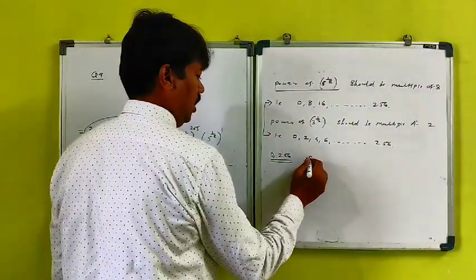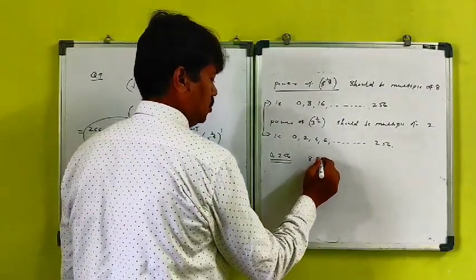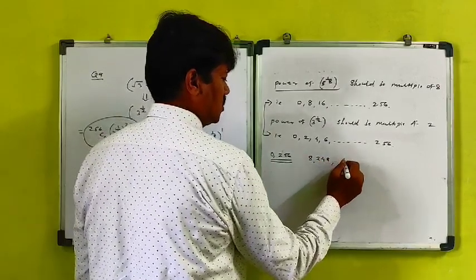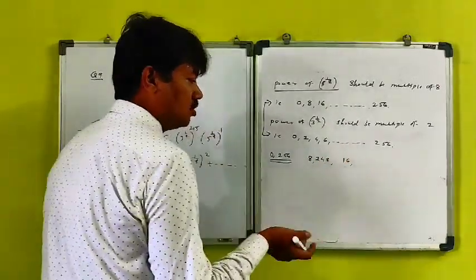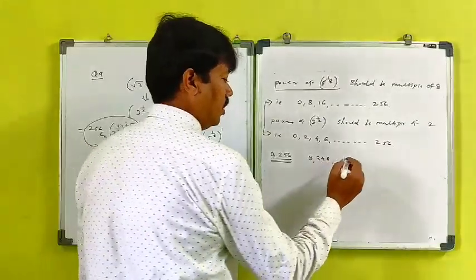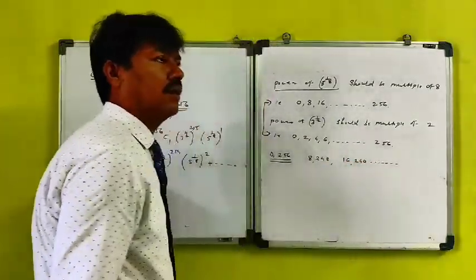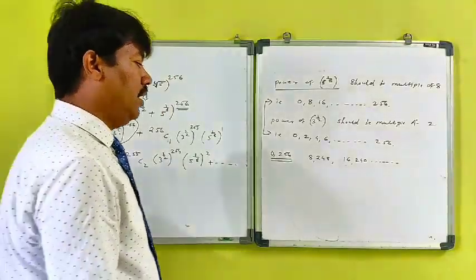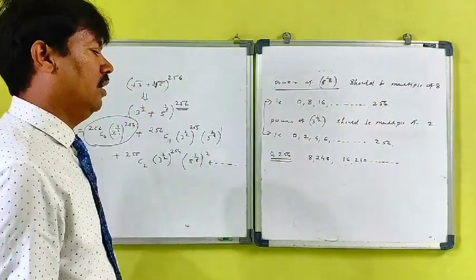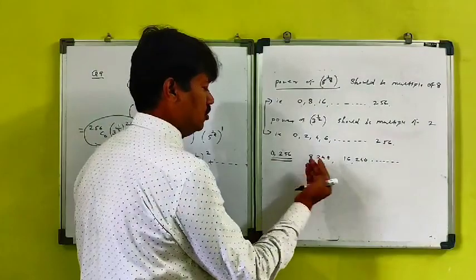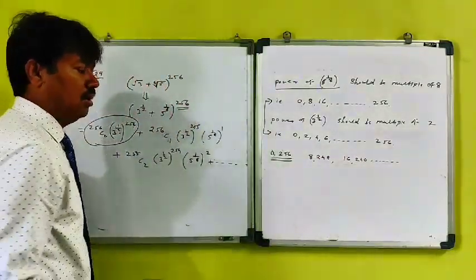Next power will be what? 8. It will be 248. 16. Next 256 minus 16, it will be 240. So like this the power will come. That means it is clearly here, you can go in this direction or in this direction.